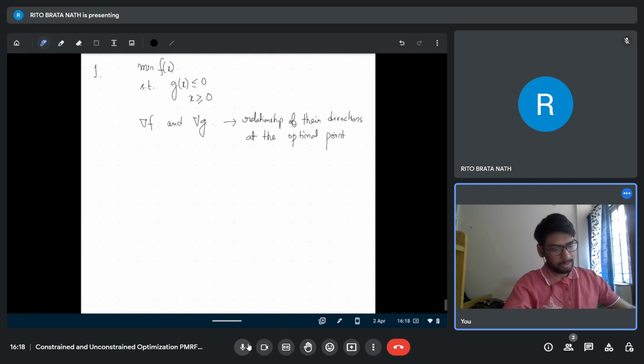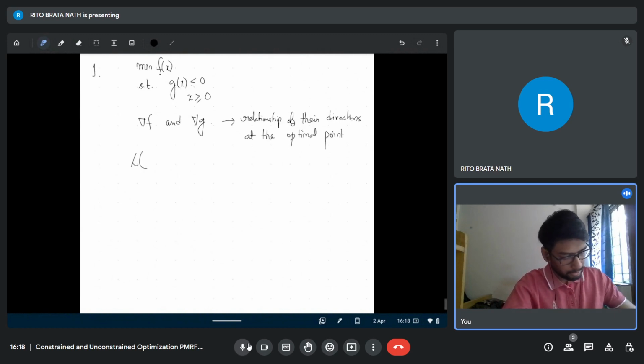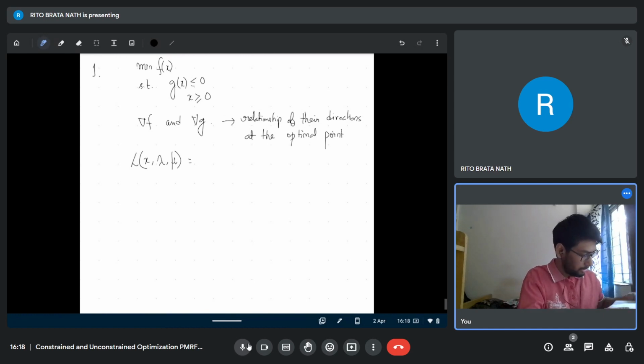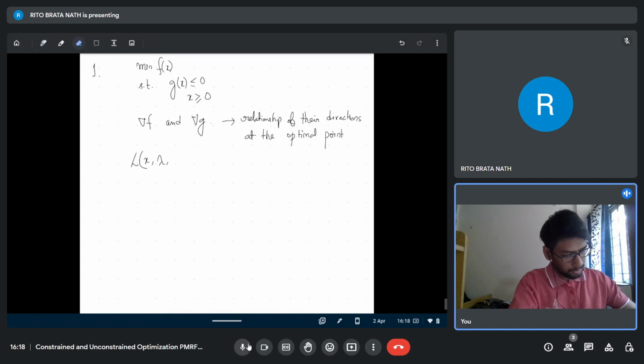So I can tell you that when you write down the Lagrange function, it is a function of x and lambda.